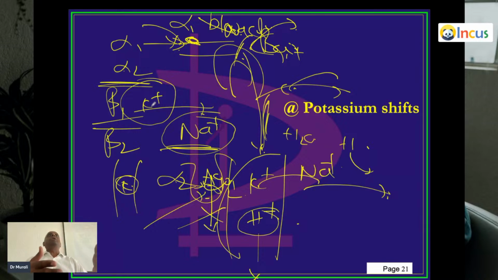But beta 2 also, that is salbutamol, salmeterol, formoterol, all of these, will make the potassium run into the cell and lead to hypokalemia. That's the reason normal potassium is 3 to 5. 2.5 doctor, 2.3 doctor, 2.2 is potassium doctor. The cause is doctor. What doctor?